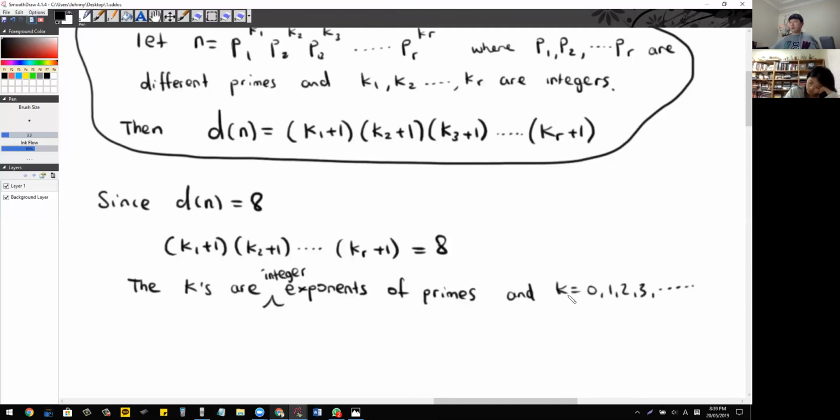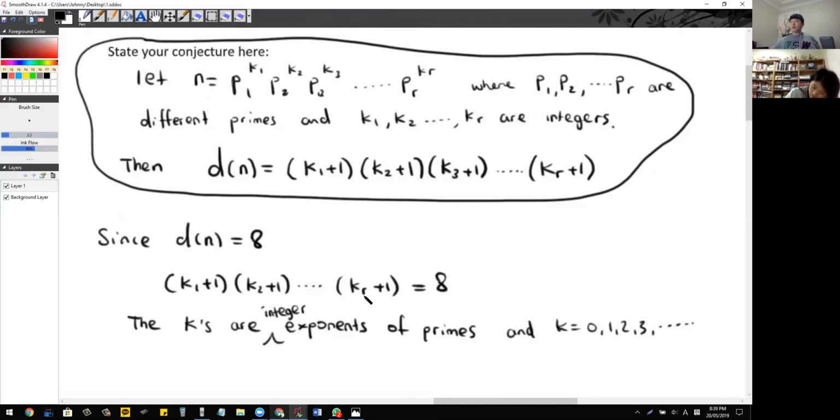So all I'm saying here is that these k's are, of course, integers. And these k's, it can't be 0. It has to be at least 1, right?